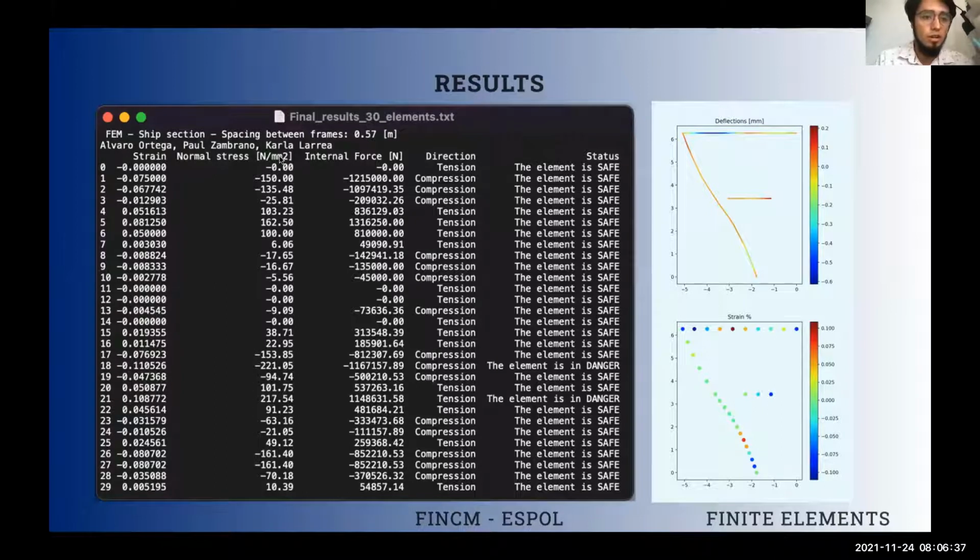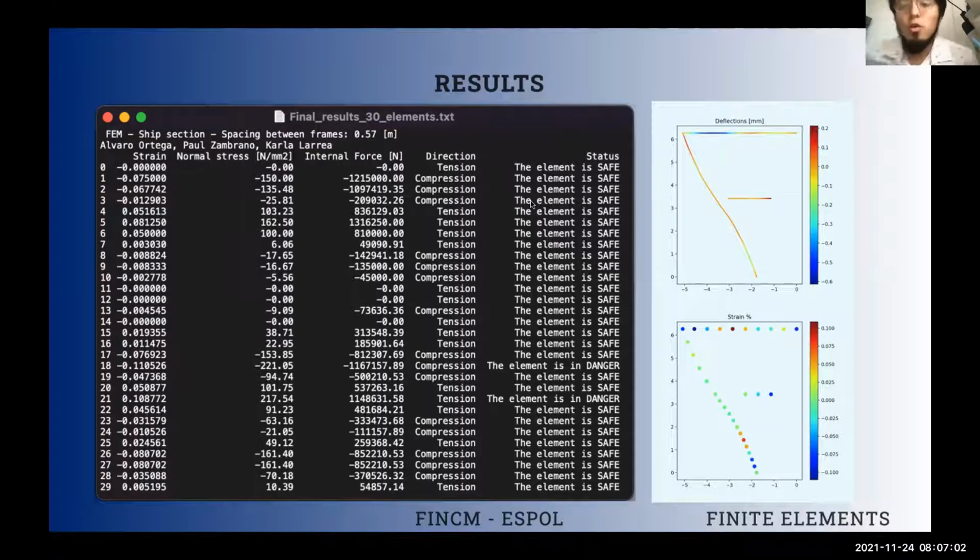As we can see here, it prints the strain for every element, the normal stress, the internal force, the actual force developed by the element, then the direction of the force, if it's in tension or compression, and the status, if it's safe, if the element develops normal stress lower than a security factor of the yield point of the steel.